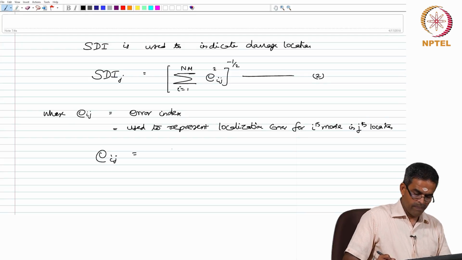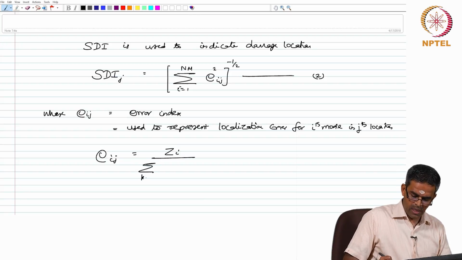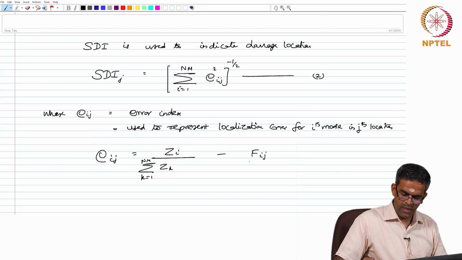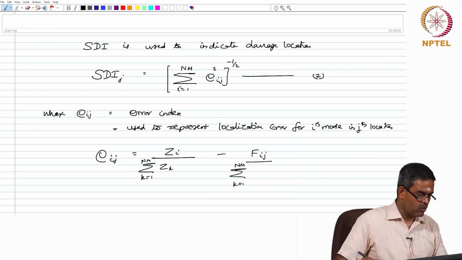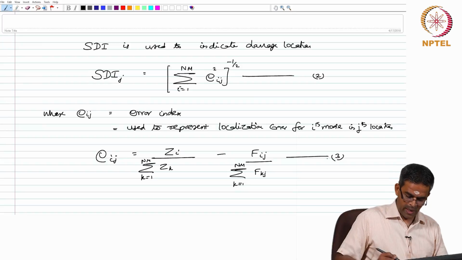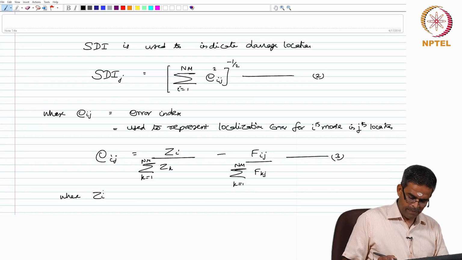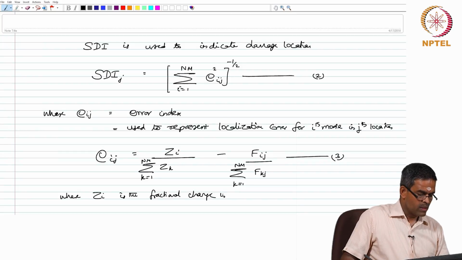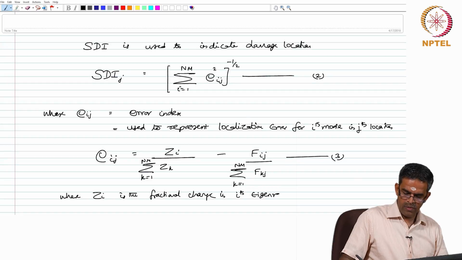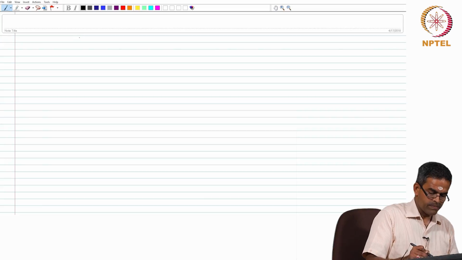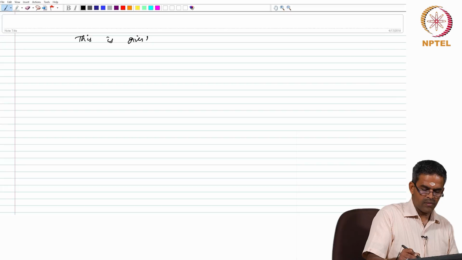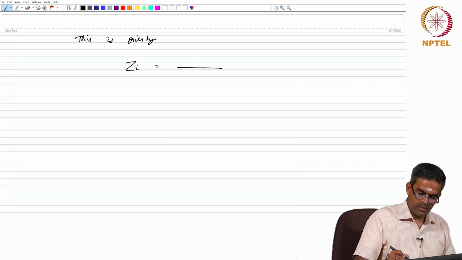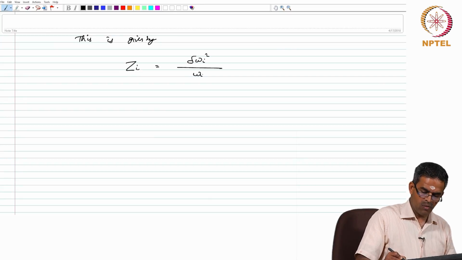E_ij is given by Z_i by summation k equals 1 to number of modes Z_k, minus F_ij by summation k equals 1 to number of modes F_kj, where Z_i is the fractional change in ith eigenvalue due to damage, which is given by Z_i equal to del omega_i square by omega_i square.